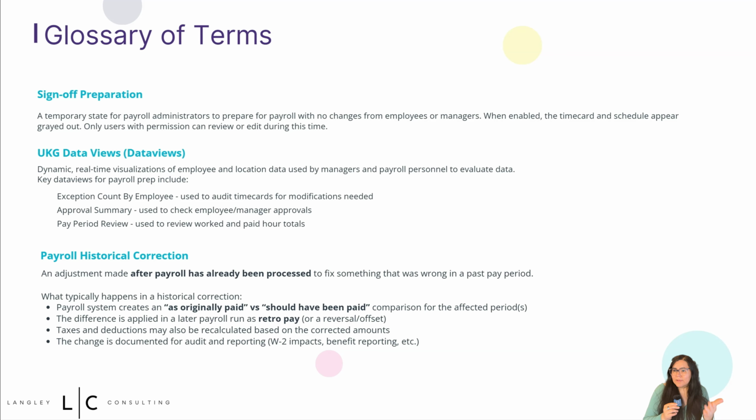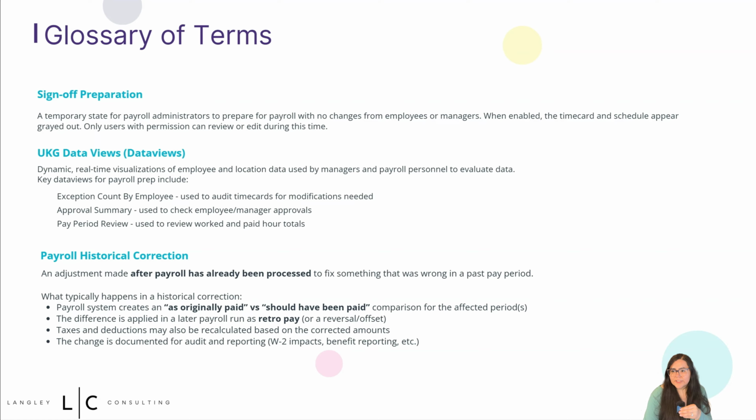It's an adjustment made after payroll has already been processed to fix something that was wrong in a last pay period. What typically happens in a historical correction is the payroll system creates an as-originally-paid versus what-should-have-been-paid comparison for the affected periods.